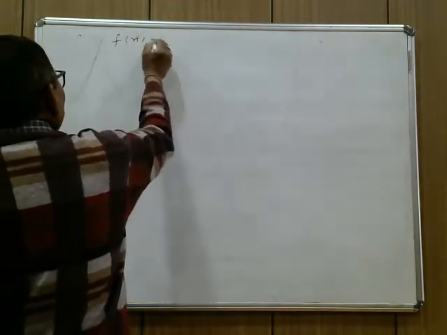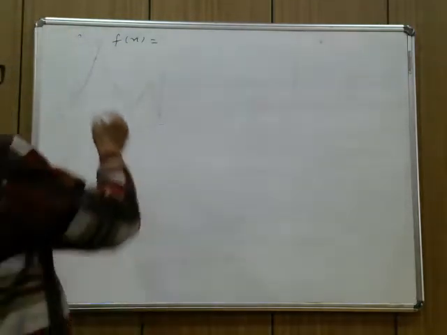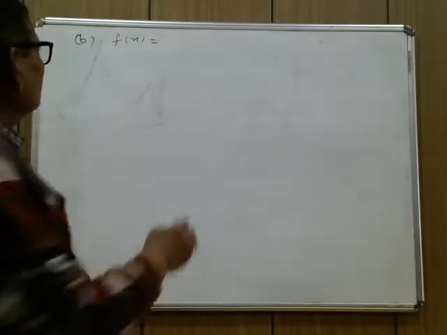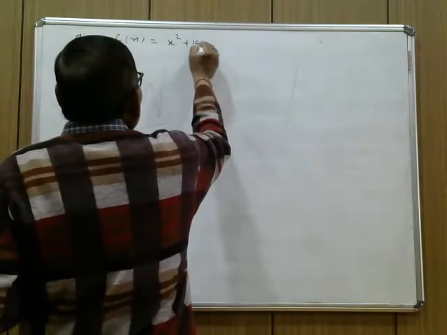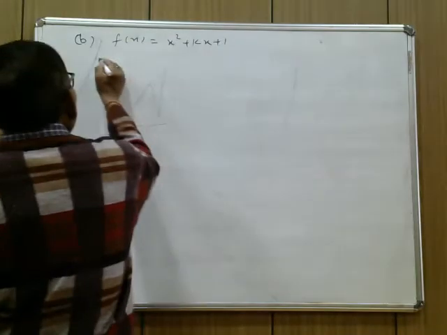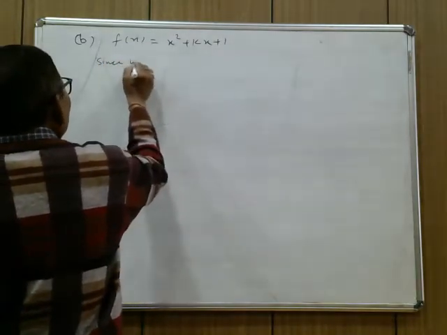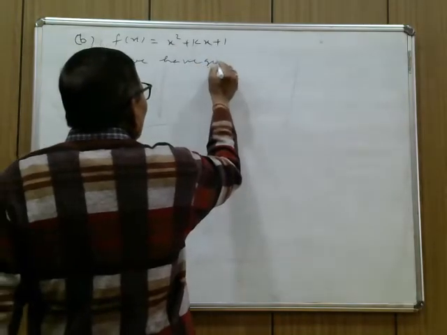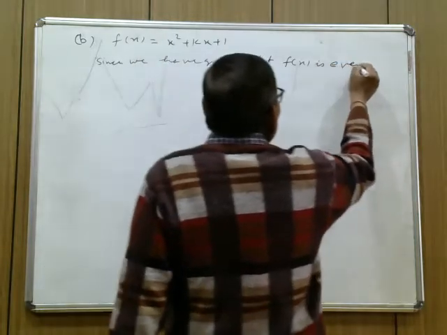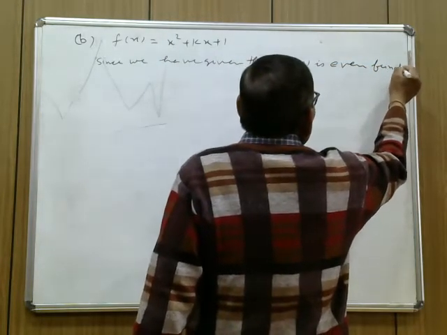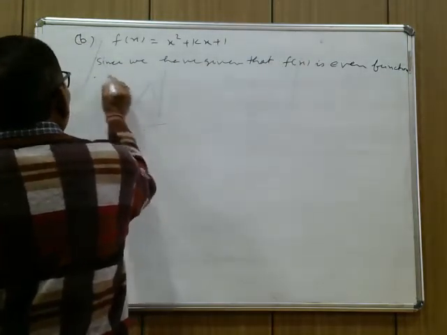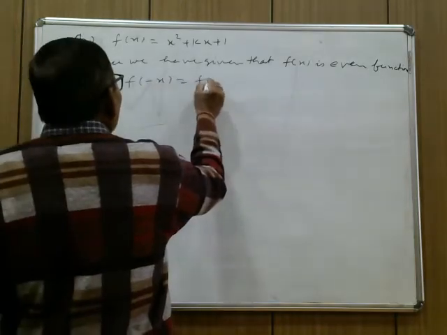Solution of the b part. f(x) is given to be x square plus kx plus 1. Since we have given that f(x) is an even function, therefore f of minus x equals f(x).